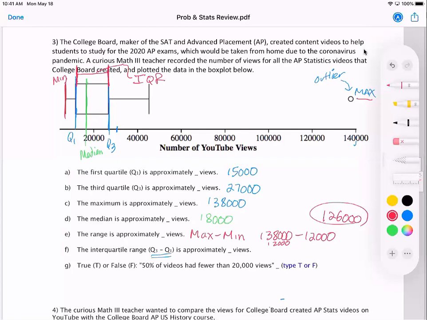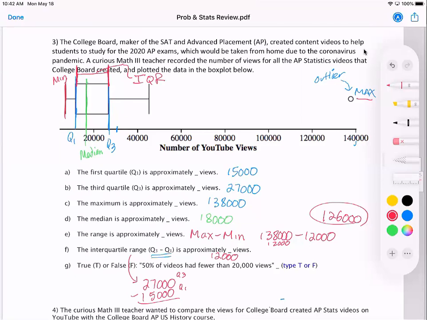One of those uses is to determine if something counts as an outlier, but that again is for a later course. But the interquartile range, we would calculate. Q3 above we said was 27,000. Q1 was 15,000. We're going to subtract them, so we get 12,000 is the interquartile range. 12,000 views.